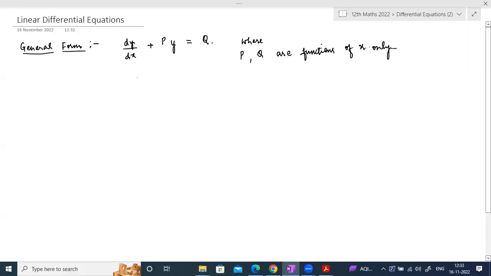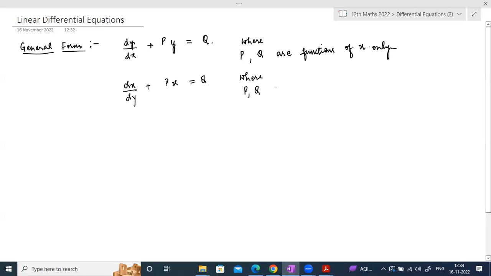Right? And if I swap x and y, I will get dx by dy plus Px is equal to Q. This is also a linear differential equation. But what is the difference?